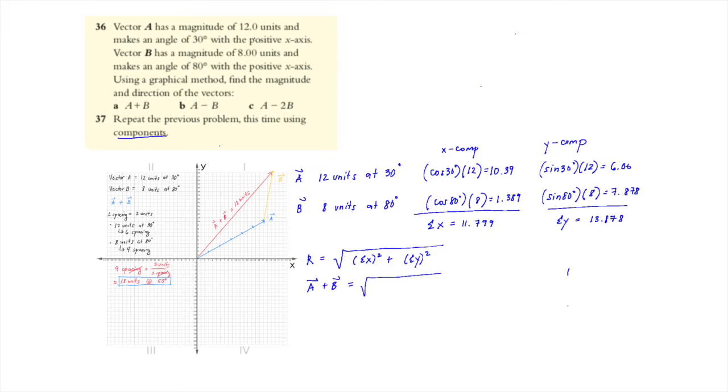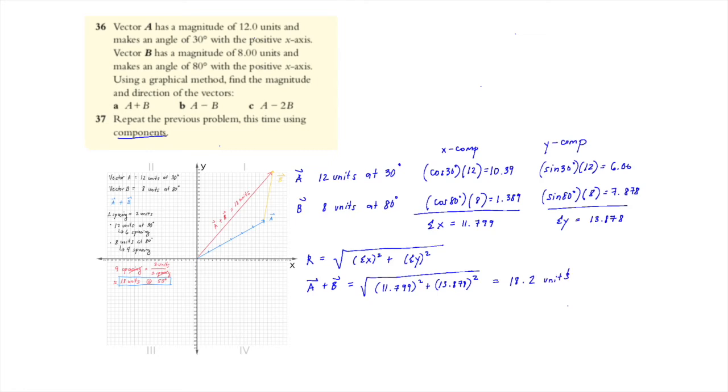That would be the square root of 11.799 square plus 13.878 square. So just press it in your calculator, and what would be the answer here? That would be 18.2. So this is around 18.2 units.